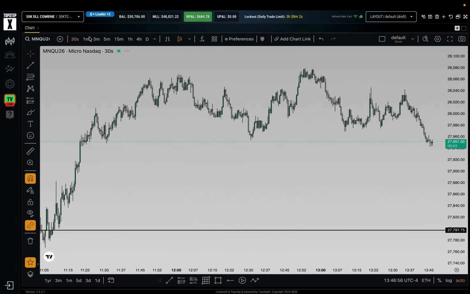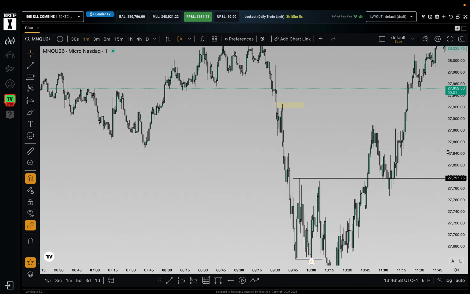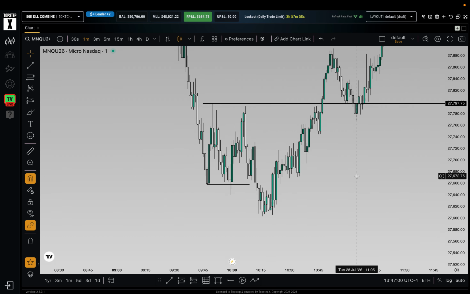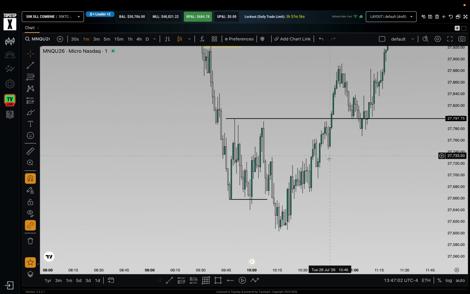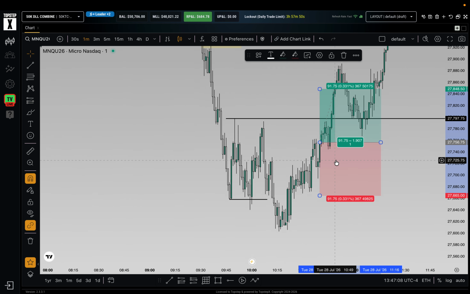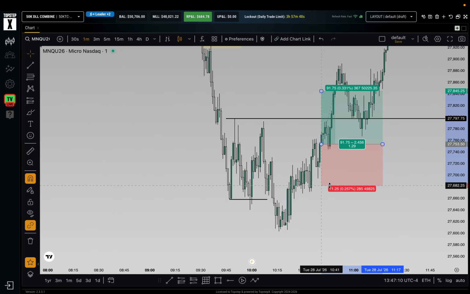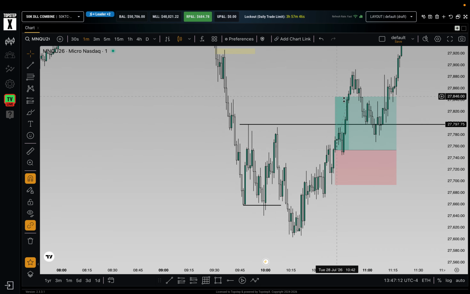Even if they're not A plus, which I know they aren't, for example, I can literally show you right now one A plus setup over here. We swept, we came back down, and then we had this 15-minute. This would have been a really nice play over here. Stop over here, targeting a 1-to-1.